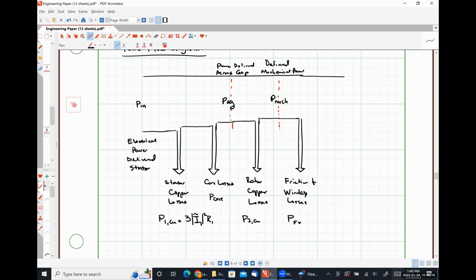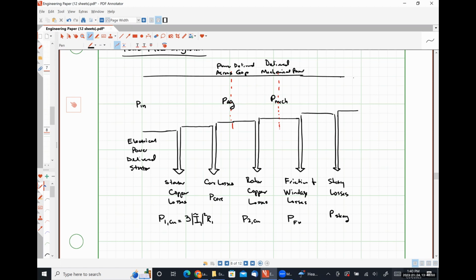PFW. And then lastly, we have a loss here called stray losses. P stray, where these losses represent any other losses that we observe that we can't attribute to anything else. Typically, they are negligible, but including them.